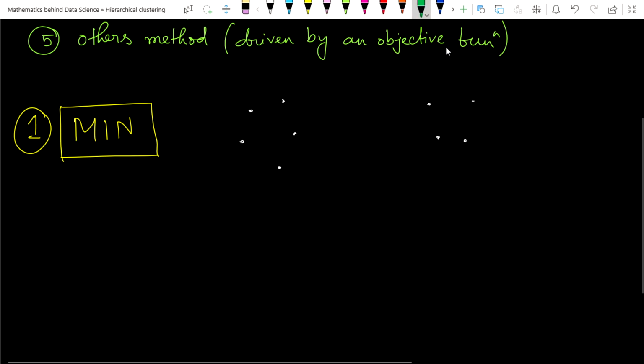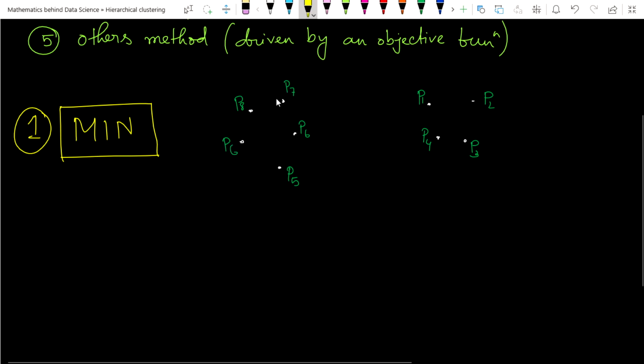Let's take the data. Here is P1, this is P2, this is P3, this is P4, and this is P5, P6, P7, P8, and P9. This is the data we have.